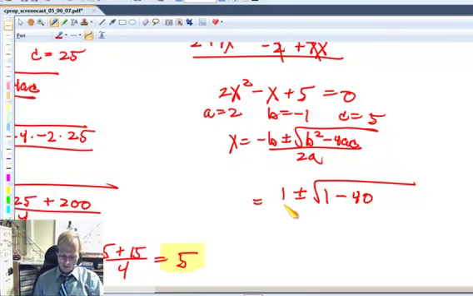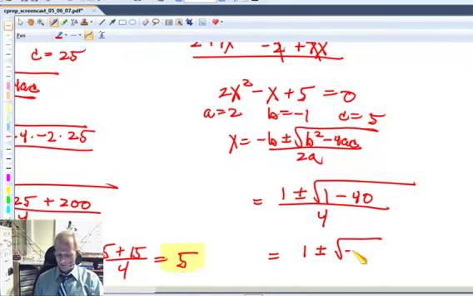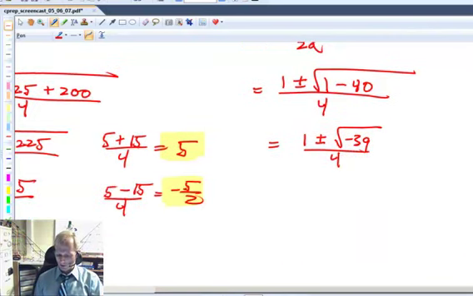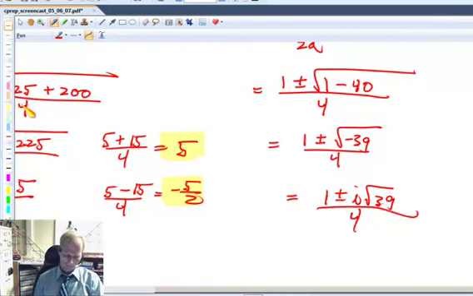So I'm going to subtract 40, and then I'm going to divide by 2 times 2, which is 4. So that's going to give me 1 plus or minus the square root of negative 39 over 4. And the only thing I can do with 39 is pull out an i. And that's my solution.